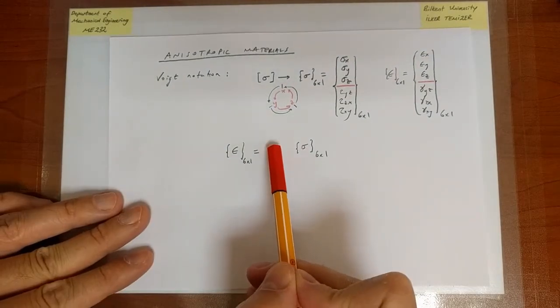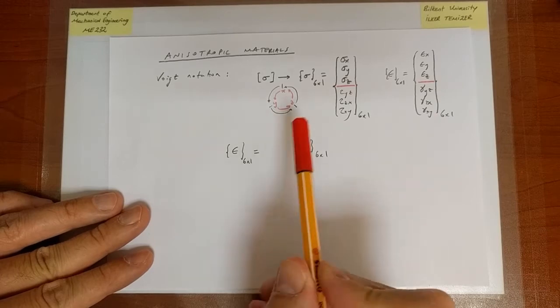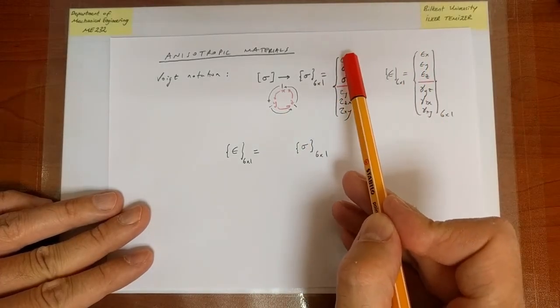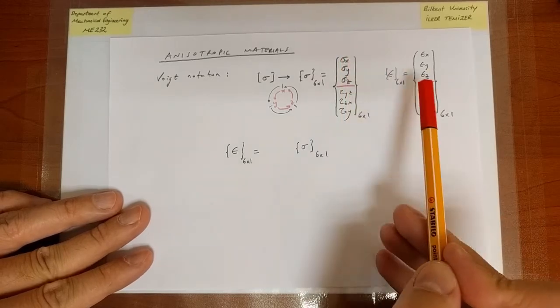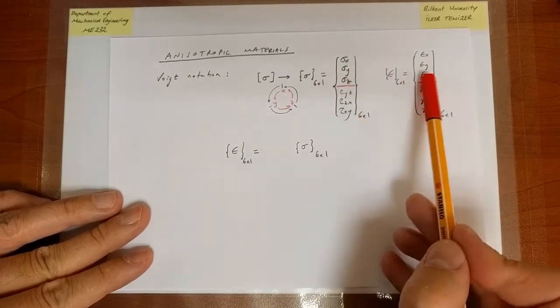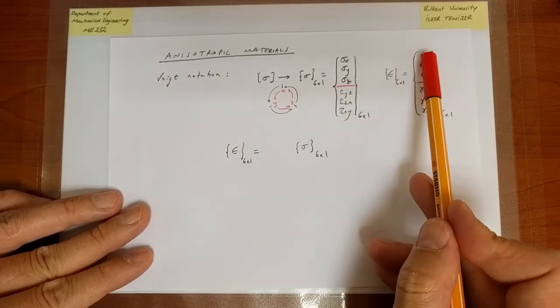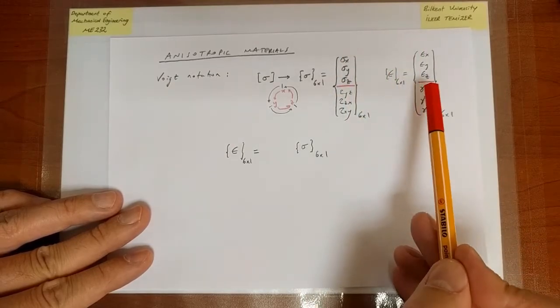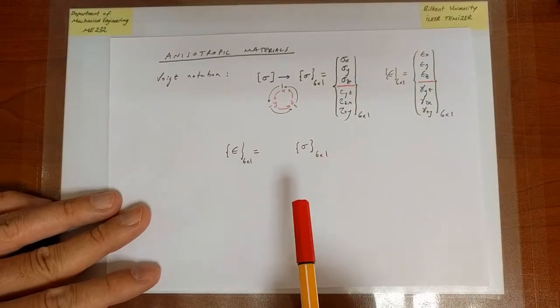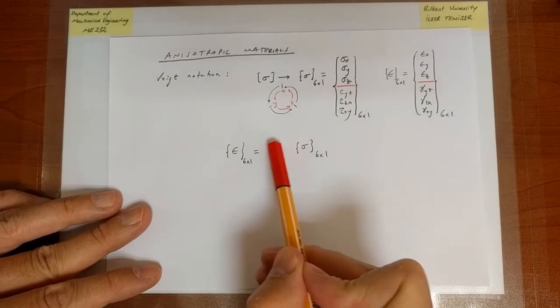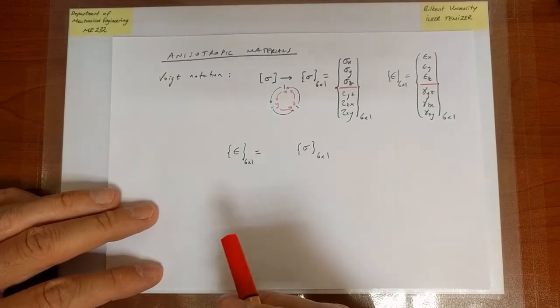If it were a constant, I would always have a certain strain component is a constant times a certain stress component. And that constant is the same irrespective of whether I have normal or shear strain. Even in 1D, I know that the constants that govern epsilon and sigma versus gamma and tau are different. One is G, the other one is E. So I cannot put a single constant here.